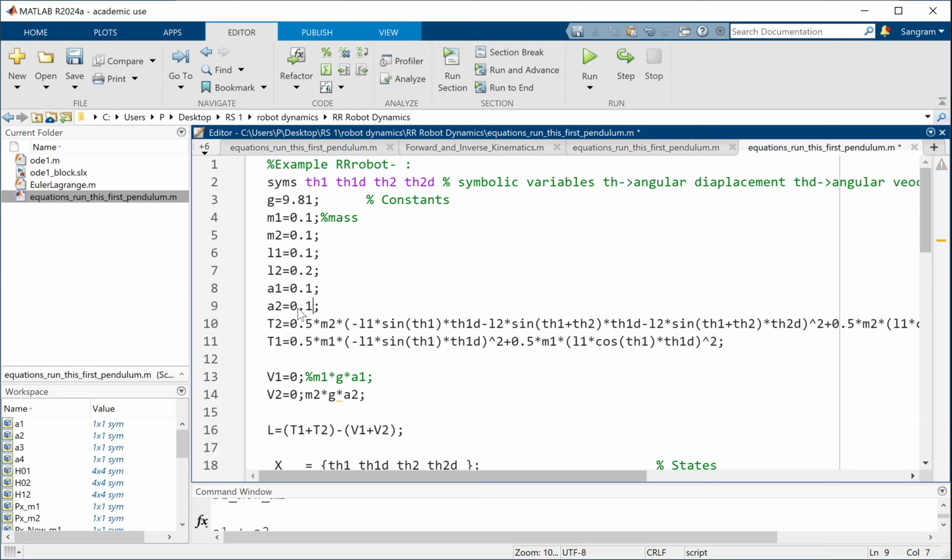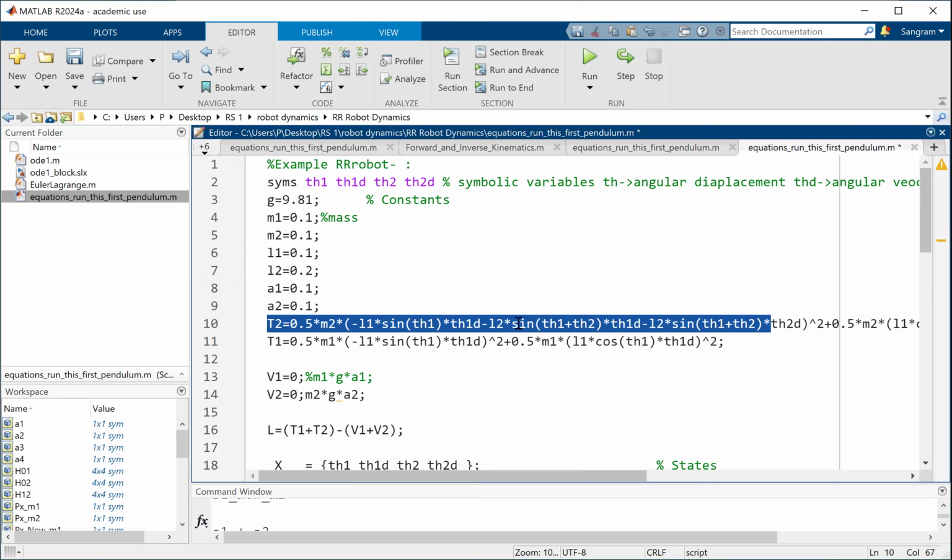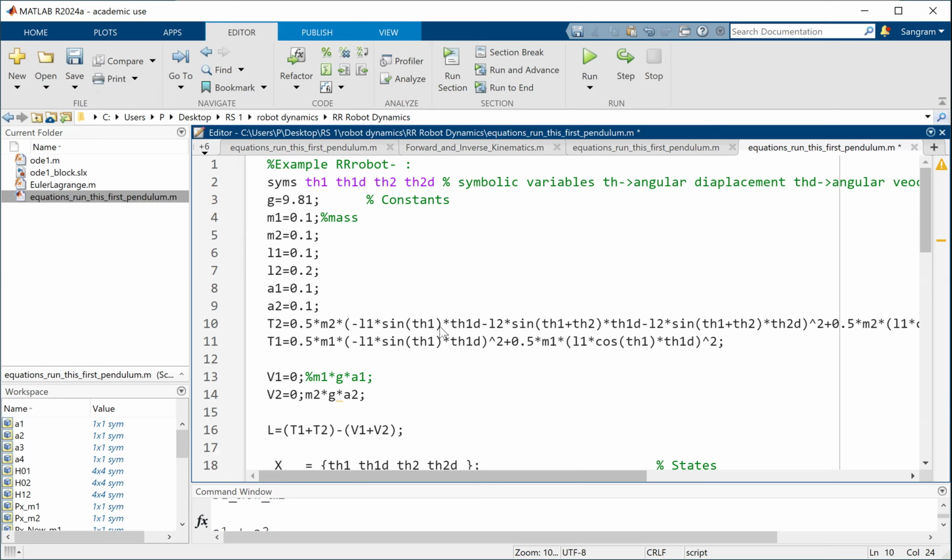So you can say A1 is maybe 0.1, A2 is 0.1. And what you have here is the expression for the kinetic energy that we derived from the previous script. The only difference here is I'm replacing theta 1 parentheses t by a simple variable th1.